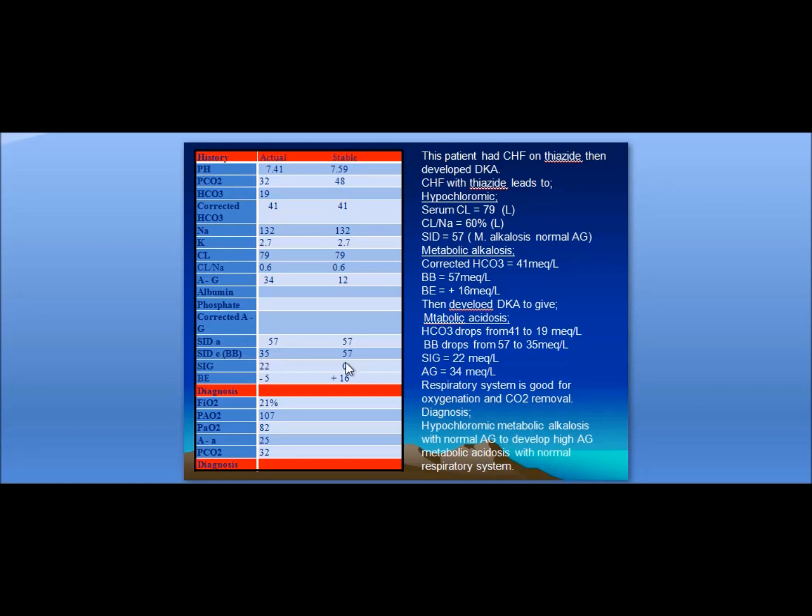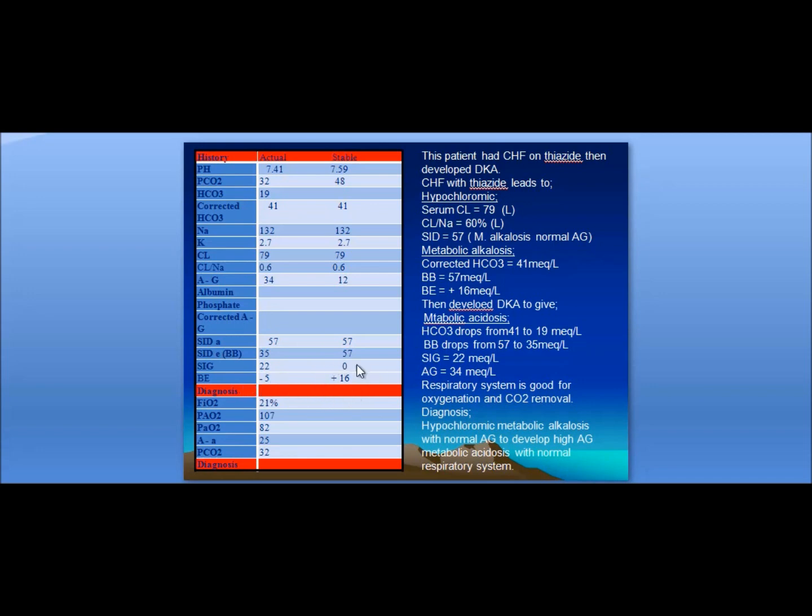Buffer base dropped from 57 to 35, so the buffer base is low, and the base excess here is a base deficit for sure. This is 19, and this is the normal bicarbonate, so 24 minus 19 will give you minus 5. This is the base deficit.